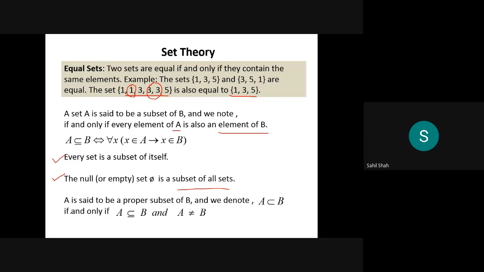Then I said, if we have at least one element which is extra in the right hand side set, then we say it is a proper subset. A is said to be a proper subset of B. We denote it using this notation without the equal to sign. A is a proper subset of B if it is a subset of B and A is not equal to B. At least one element should be extra in B apart from the elements in A.